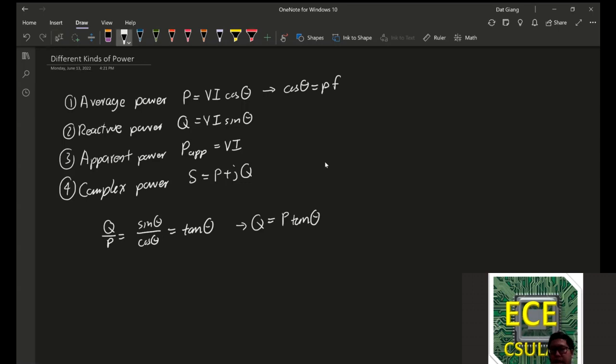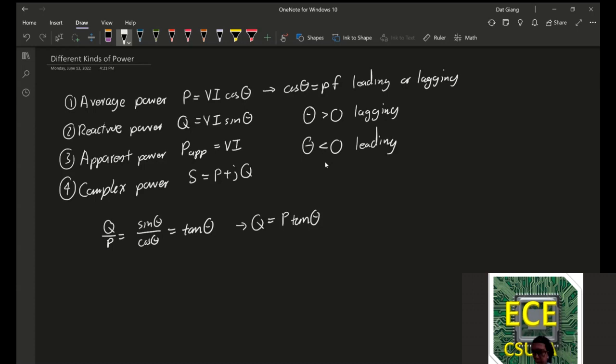So we have to say leading or lagging. And if you recall, when the angle is positive, it is lagging, while when this angle is negative, it is leading.